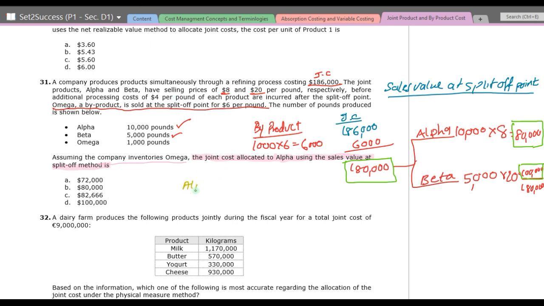So alpha is 80,000, which is the sales value, over the total, that is 180,000, times the joint cost. The joint cost is 180,000. So for alpha the joint cost allocated is 80,000.